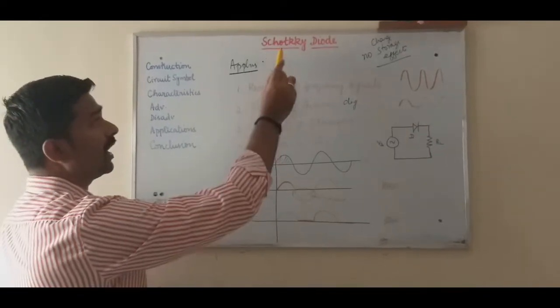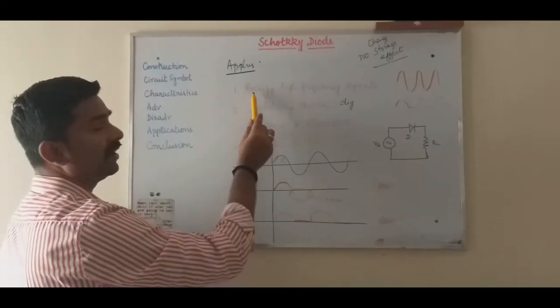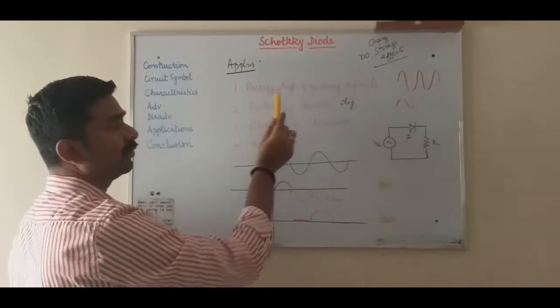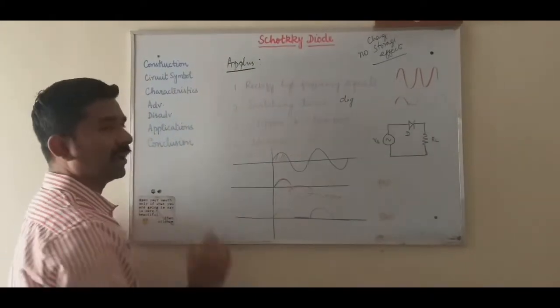அதனால தான் ஒரு Schottky barrier diode என்ன பண்ணுவாங்க அப்படினா they will use it for rectification and that too for high frequency signals. Now this is just an outline. சரிங்களா?